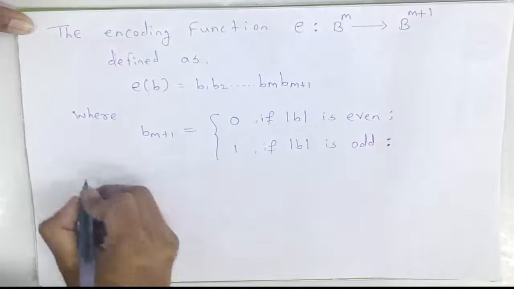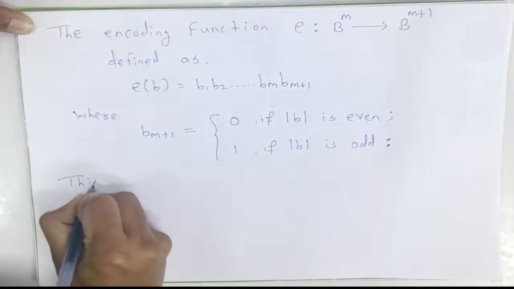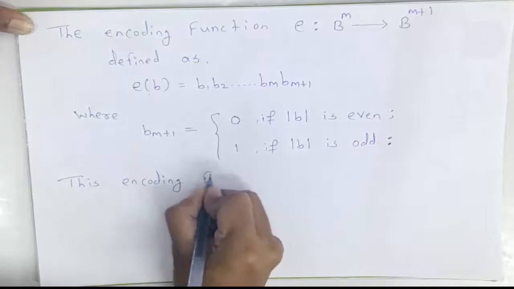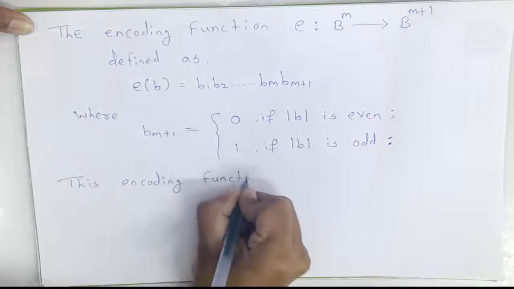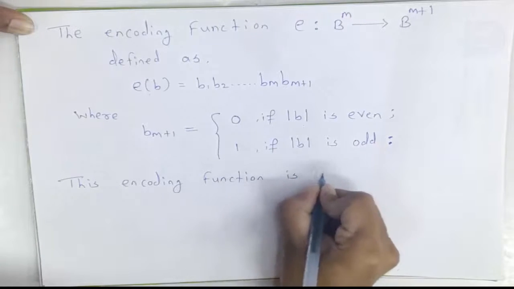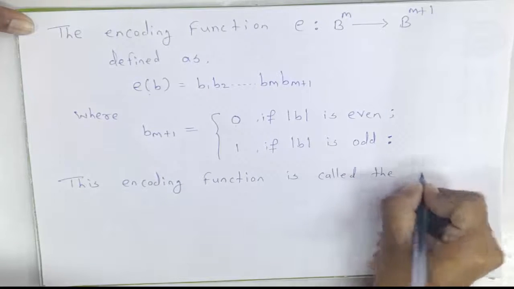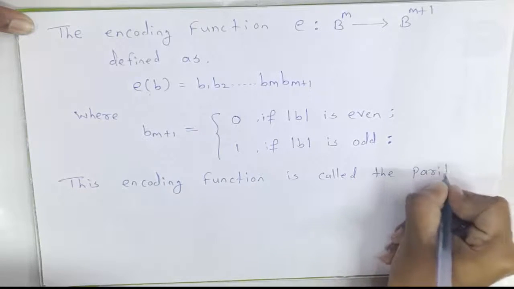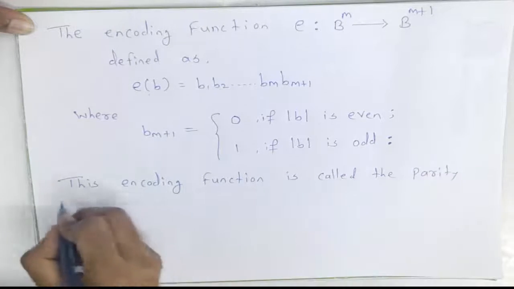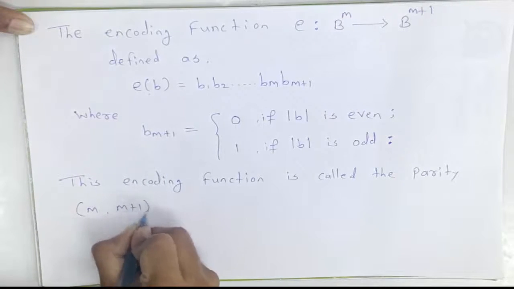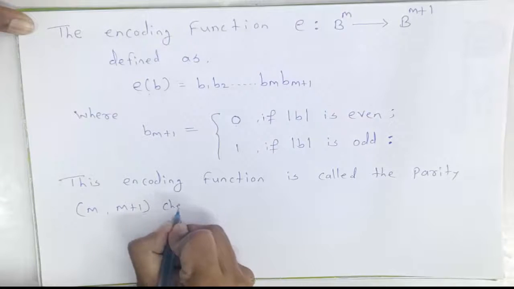So this encoding function is called the parity (m+1) check code.